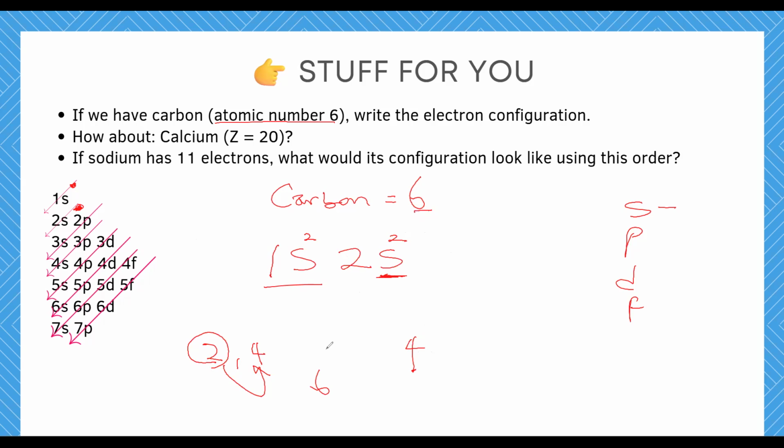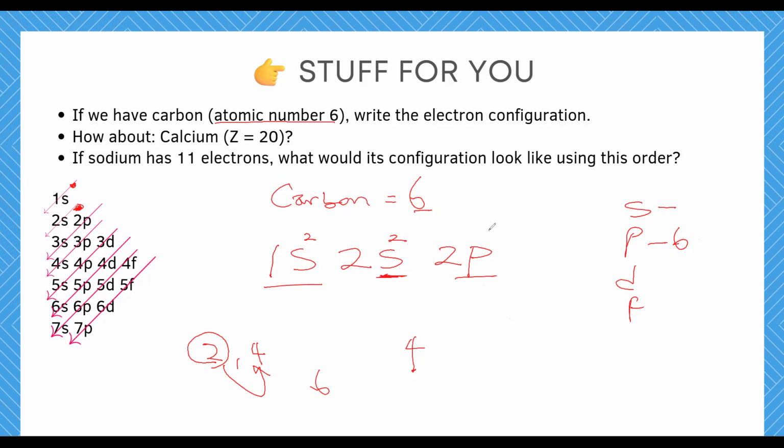So what does the next arrow touch? 2p. Thank you. The next arrow touches 2p. Now, how many electrons can stay in the p subshell? 6. But how many do I have left? 2.